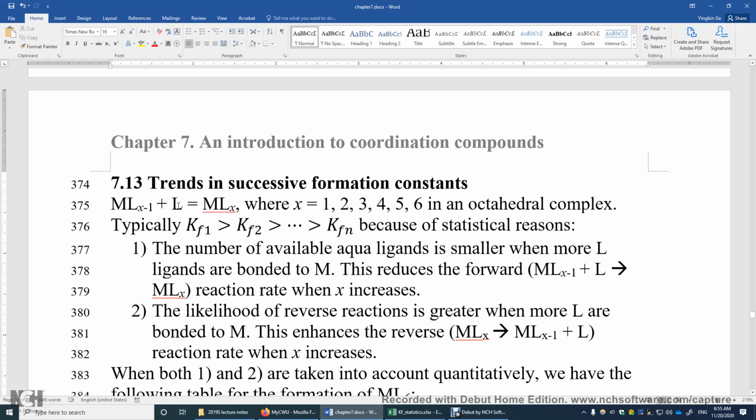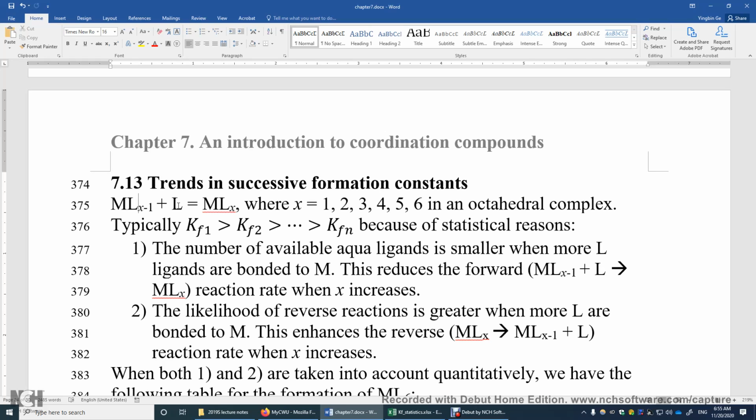there are 6 options, right? And now, if one L is already bonded to this transition metal, you have M bonded with 5 water molecules and one L ligand.